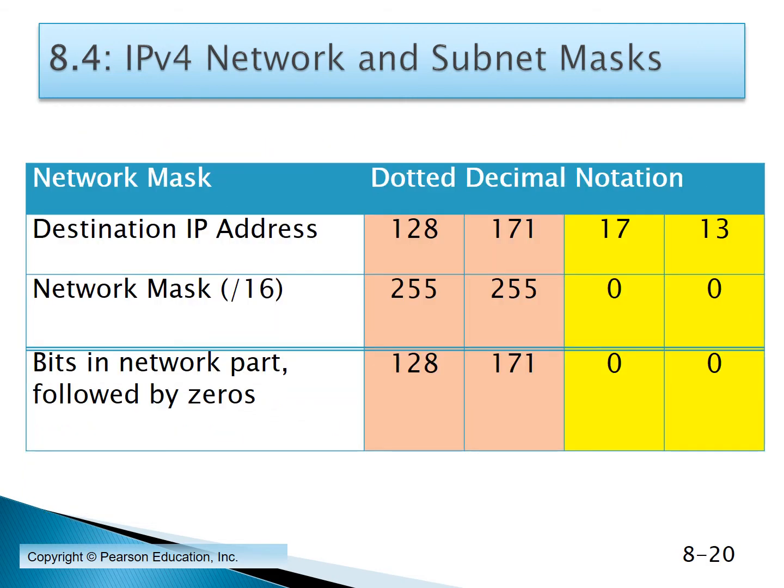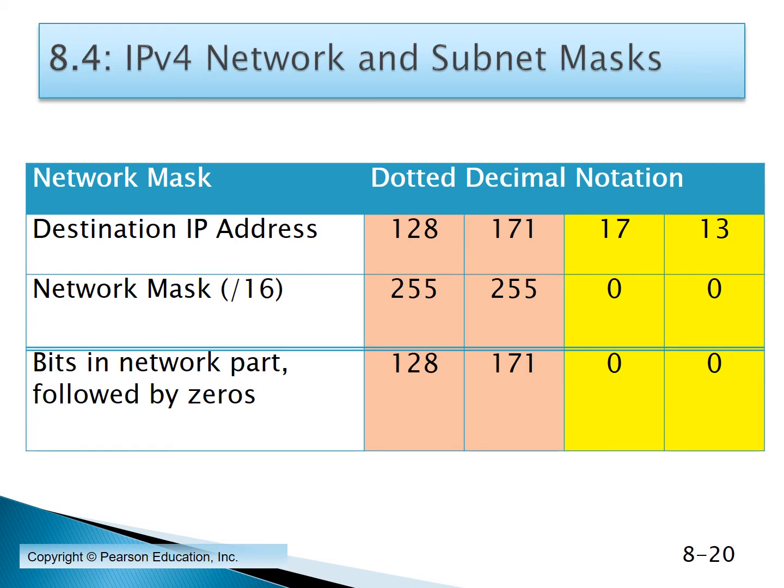So just another example, looking at, say, destination IP address 128.171.17.13. If the network mask is /16, that means I'm going to have 16 ones followed by 16 zeros. So the first 16 bits are 1, so it's 255.255, and then .0.0.